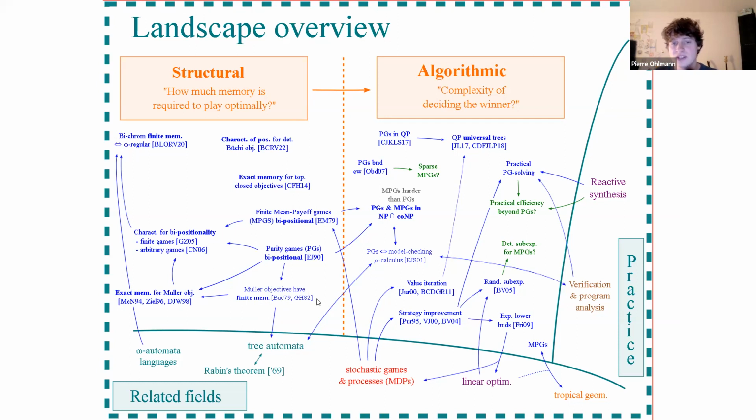This was successfully implemented by Gurevich and Harrington in 82. In more recent language, what they prove in this very difficult paper is that Muller objectives have finite memory. And of course, they show that this implies complementation of tree automata, which is the hard part. This is still quite difficult.